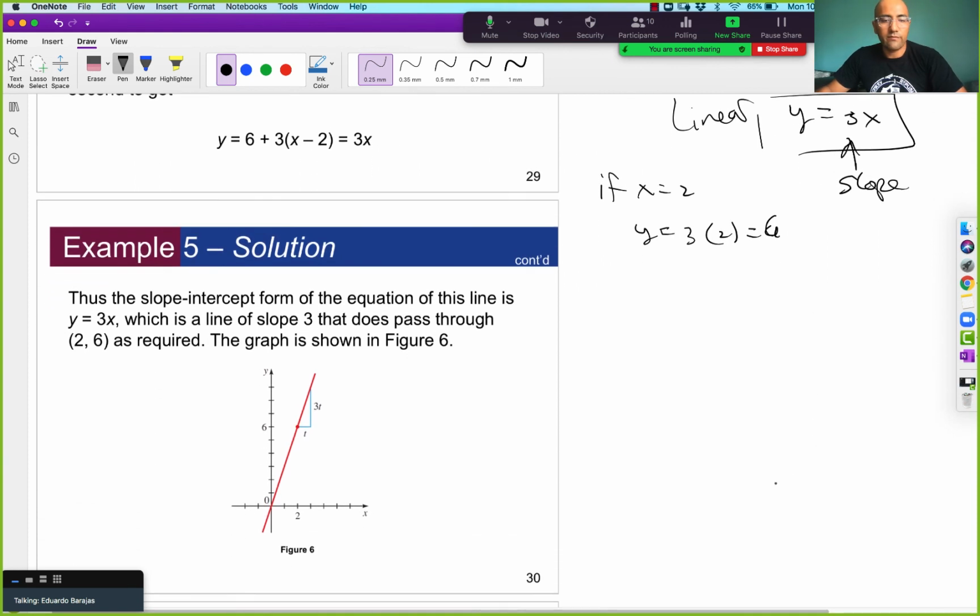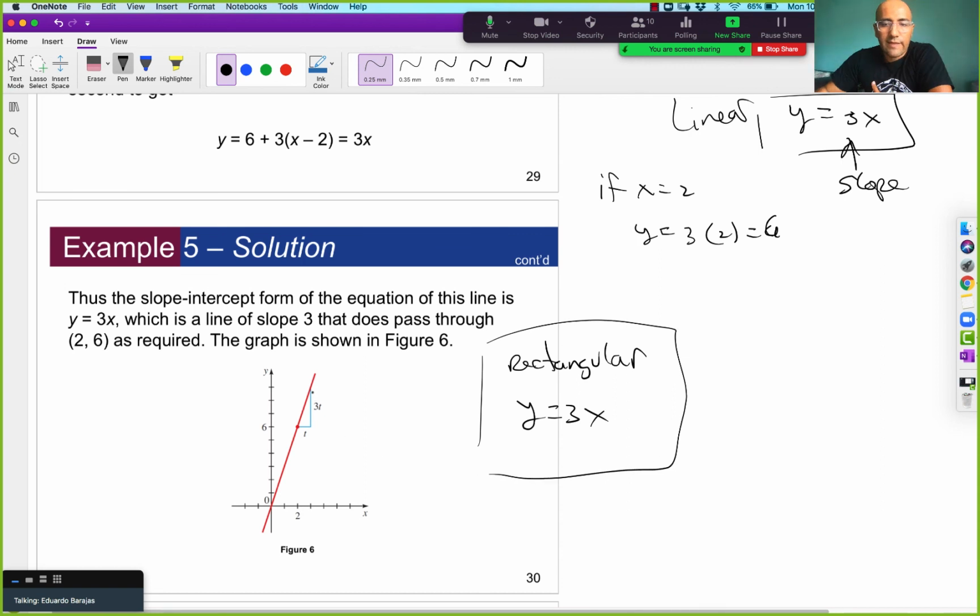So in rectangular, here's a nice little graph for it. I could say y equals 3x, right? And that's going to give me that red line.